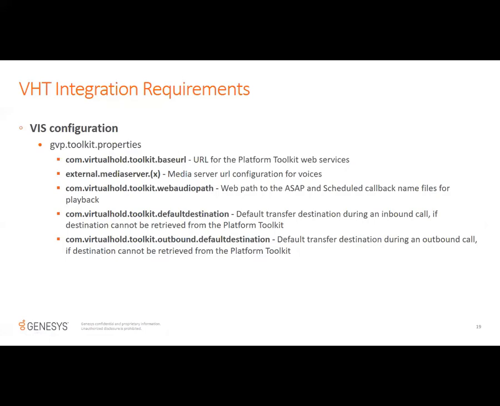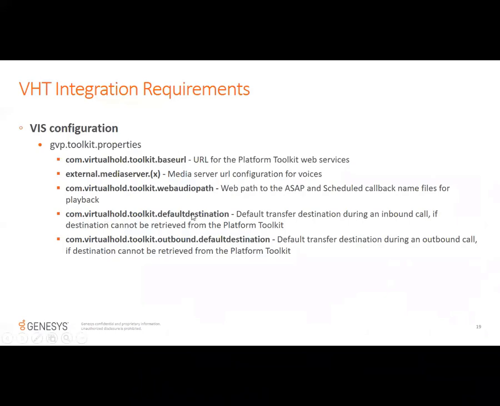Those audio files are available. That can be changed depending on where you want to have those particular callback names stored. Generally, the default is under the root install directory for Tomcat.